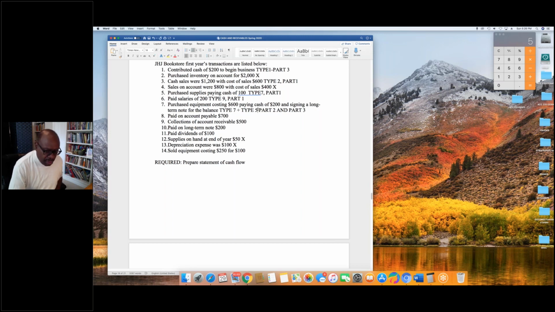So we have 2 journal entry types and 2 locations. So we'll see that periodically. Okay, when we paid on the liability, we said that was a type 9.